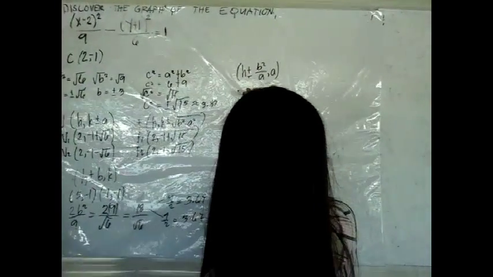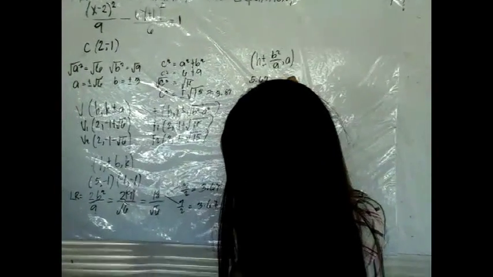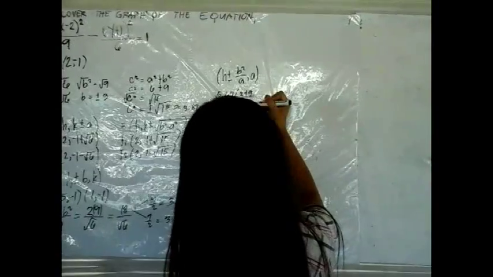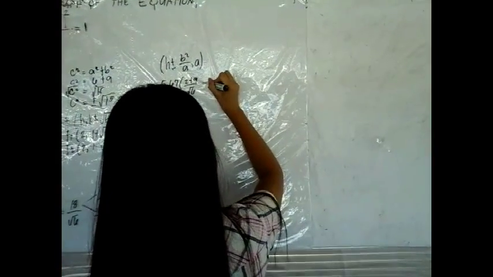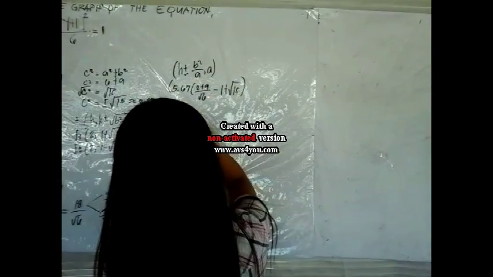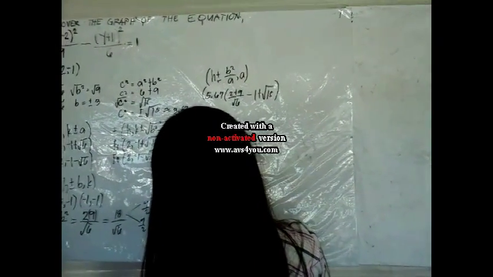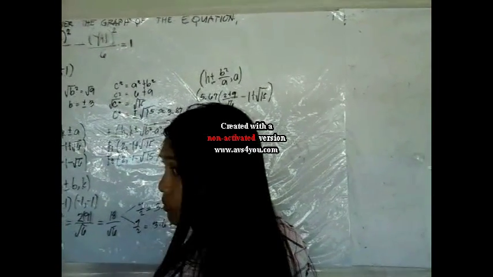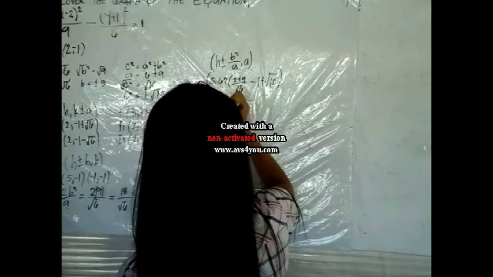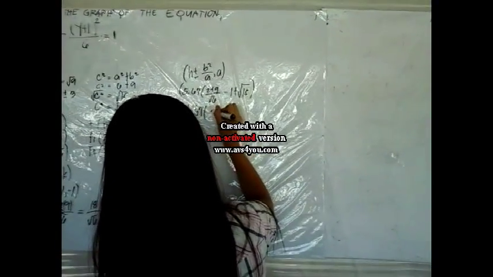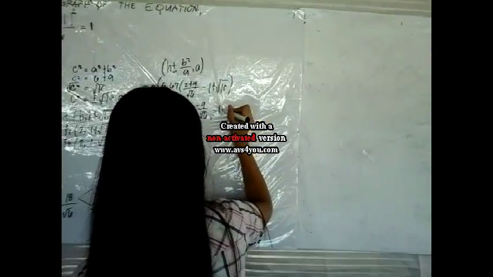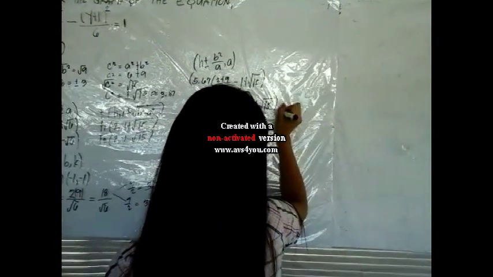So we have 2 plus 9 over square root of 6, which is 5.67, and negative 1 plus square root of 15.